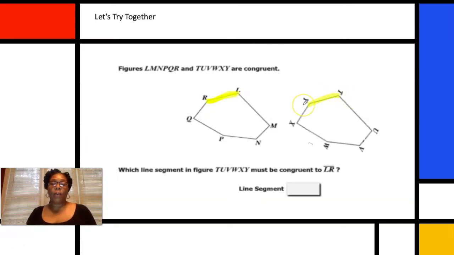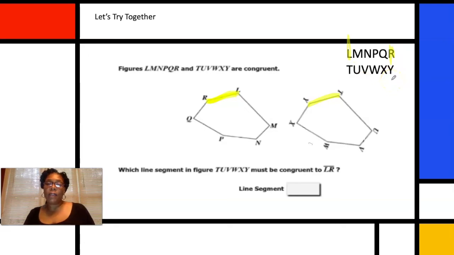So TY corresponds. Well, here's another way that I can look at this. Look up here. I have LMNPQR and then TUVWXY in the same position. I first say I have line L, here's L, and here's R. Well, what corresponds to LR on our figure that is on the other side of it?